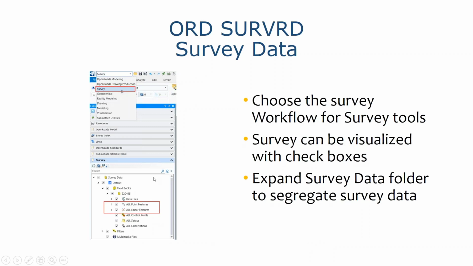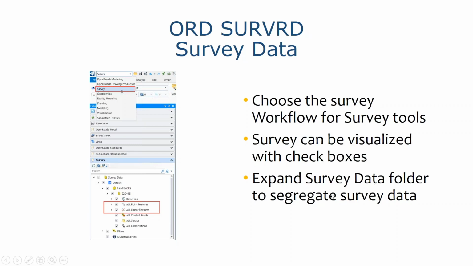When you choose your survey workflow, you'll see a ribbon specifically for the survey workflow, and what is really important to understand in this Explorer and under the survey category is that you have a chance to visualize the survey data with checkboxes. Now, this was true also in SS4, but if you haven't seen it, this is the way it's going to work with the Bentley survey.